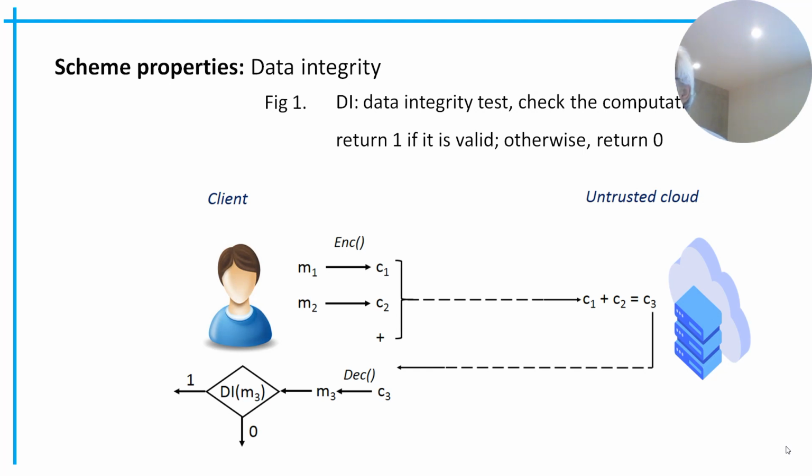Clients cannot discover the erroneous result, especially if the cloud has done several excessive homomorphic operations on the data before sending it back to the client. Thanks to the proposed scheme, clients can verify the result's validity.